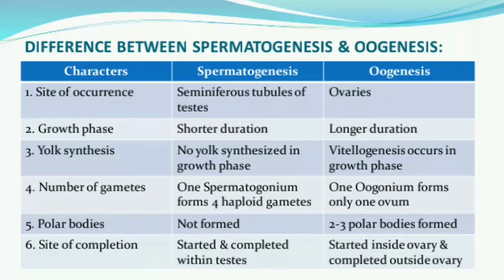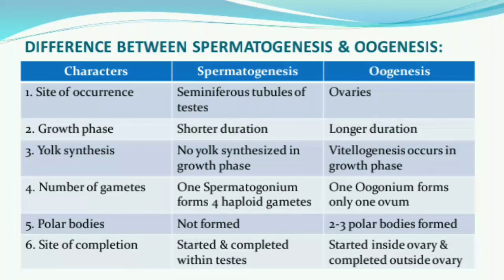In spermatogenesis, no yolk is synthesized during the growth phase, whereas in oogenesis, vitellogenesis occurs in the growth phase. Number of gametes: in spermatogenesis, one spermatogonium forms 4 haploid gametes, whereas in oogenesis, one oogonium forms only 1 ovum.